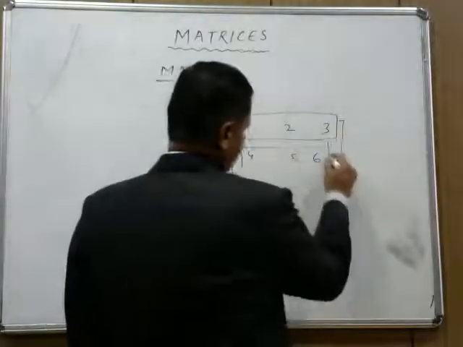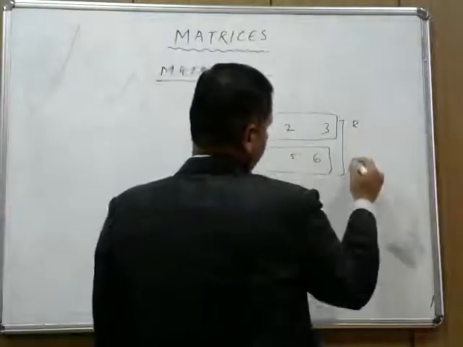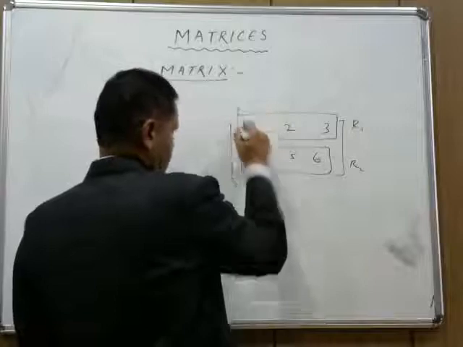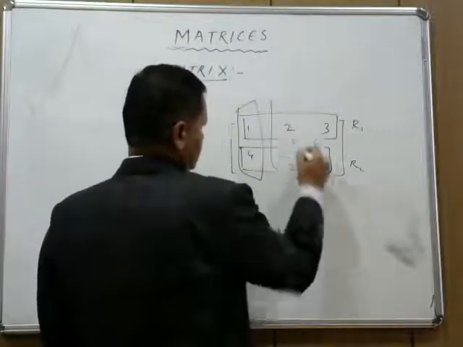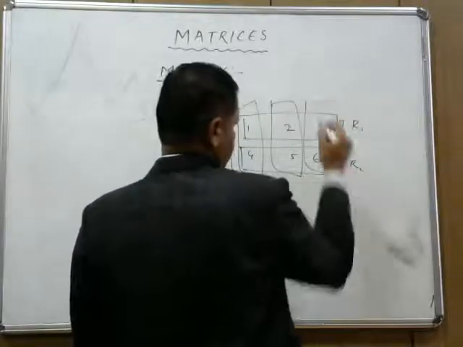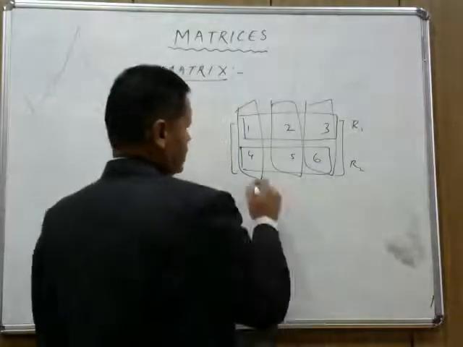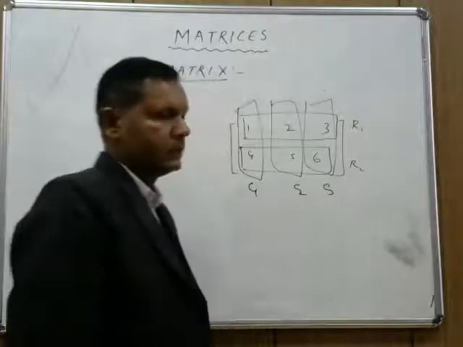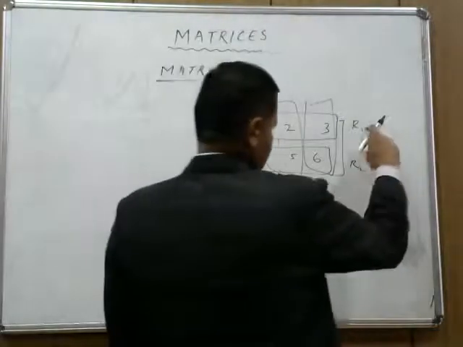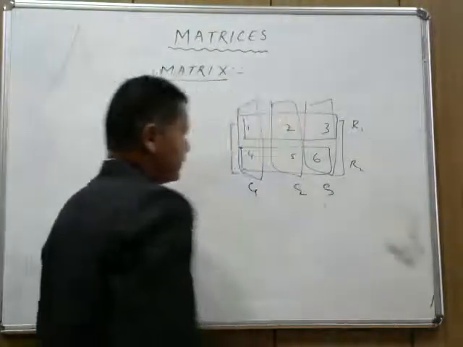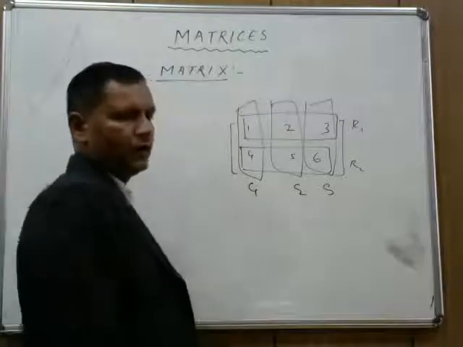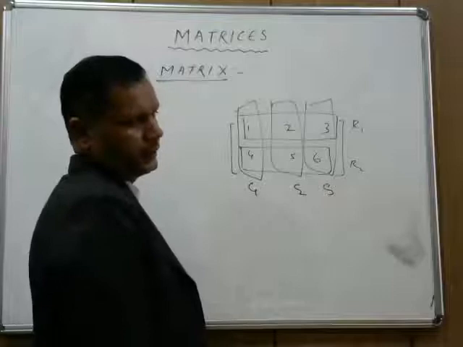There are two rows, R1 and R2, and there are 3 columns, C1, C2 and C3. Since it has 2 rows and 3 columns, it is a matrix of order 2 by 3.